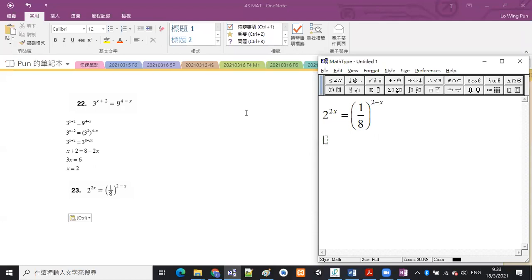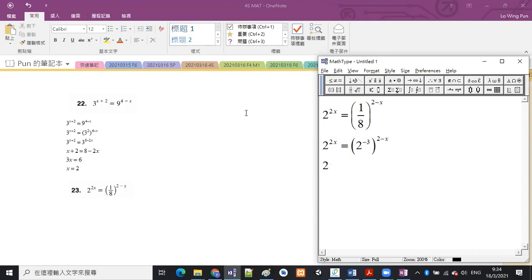Okay. Again, the left-hand side is just one base number, one index. That is good. The right-hand side is also one number, one index, also good. But the bases are not equal. We know that the 8 can be changed to 2 to the power 3, and the 1 over number can be changed to a negative index. So the left-hand side is unchanged, and we make the 1 over 8 to be 2 to the power negative 3, to the power 2 minus x.